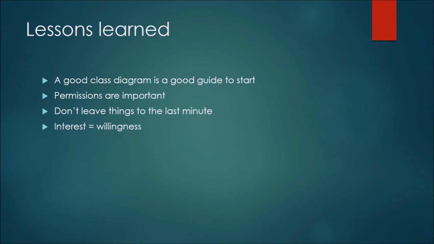So when it comes to the lessons learned, a good class diagram is a good guide to start, because usually we have a habit, I think me and other students and other developers, especially those that are just studying and aren't really in the field yet, that we just want to start coding rather than design things and see how it's supposed to work.